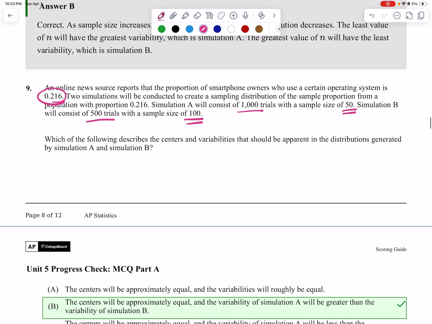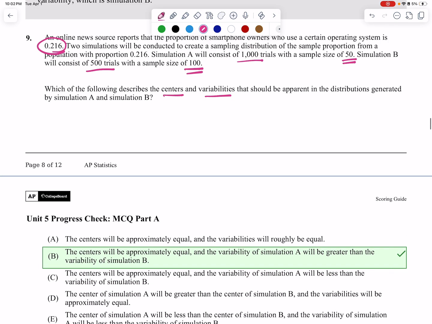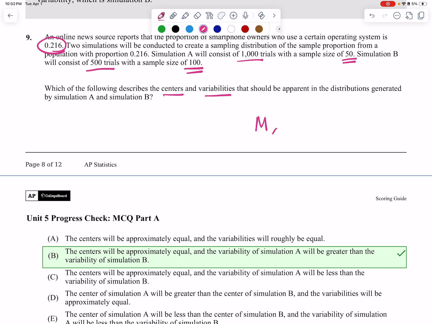Okay, so which of the following describes the center and variability that should be apparent in the distributions of A and B? Remember, the center is always equal to the mean. And the variability is going to be sigma over square root of n.